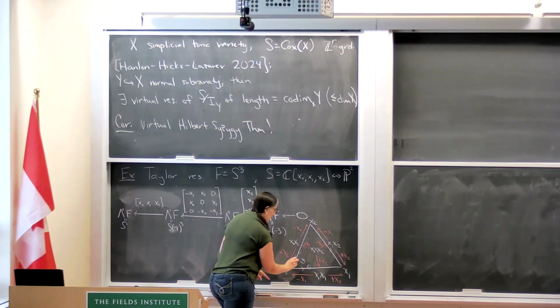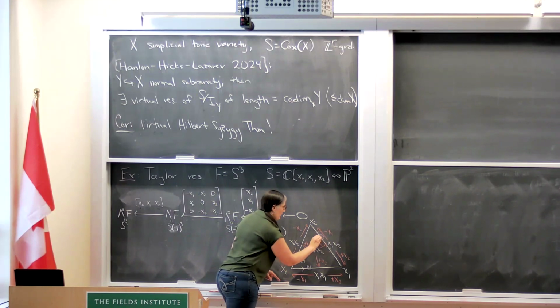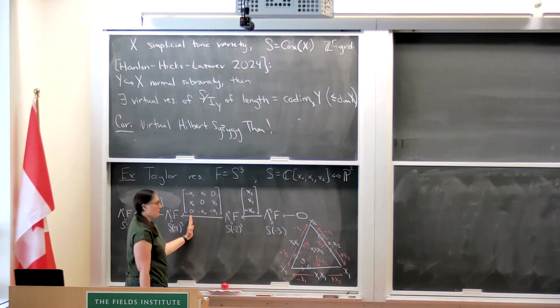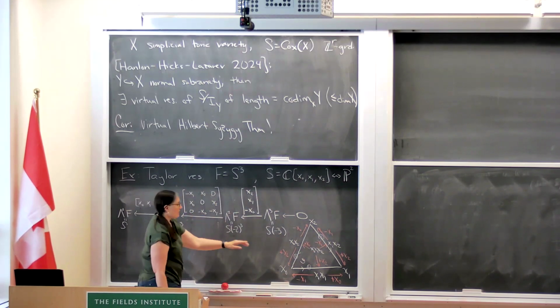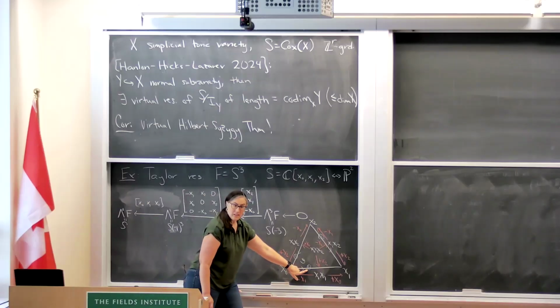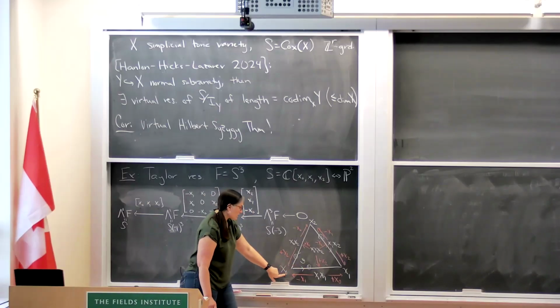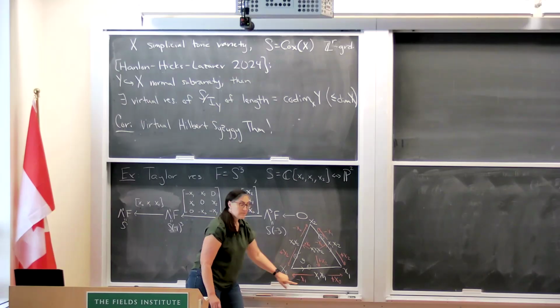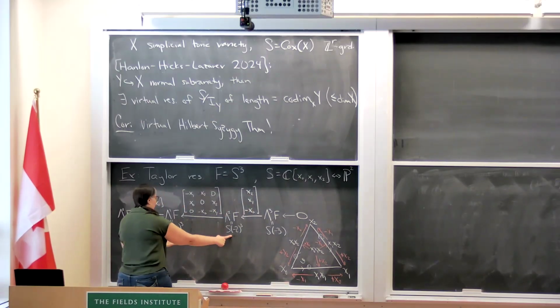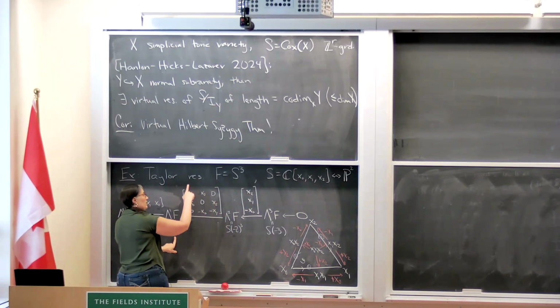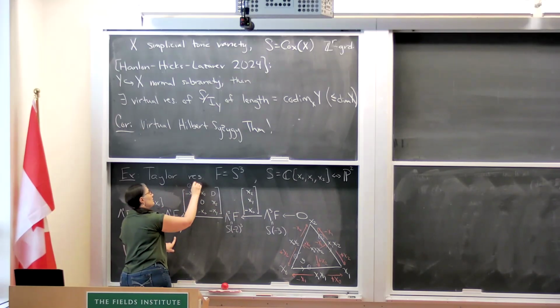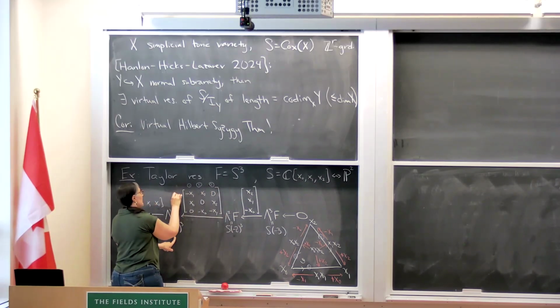This is the second edge, and this is the third edge. If we look at this first column, that means I'm looking at the first edge. If I map to the first vertex, I have a minus x1. So this is edge 1, edge 2, and edge 3, and this is the vertex for x0, the vertex for x1, the vertex for x2.